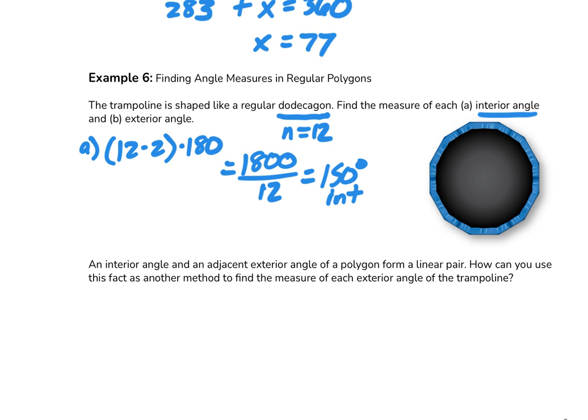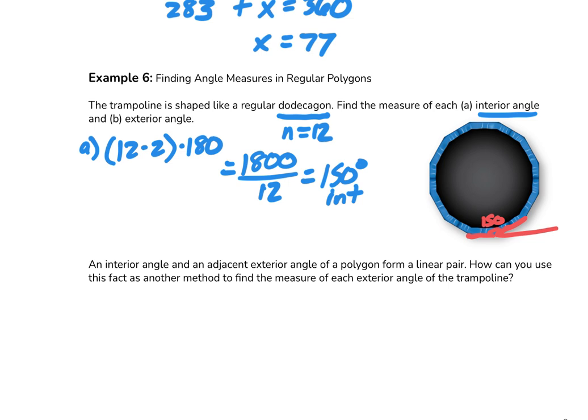When I do the exterior angle, okay, we know that the interior is 150. So what would this little one right next to the 150 be? Because what do those two have to form? How many degrees do those angles have to make? 180. They make a straight line, right?